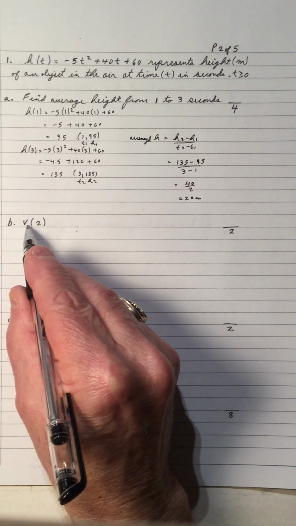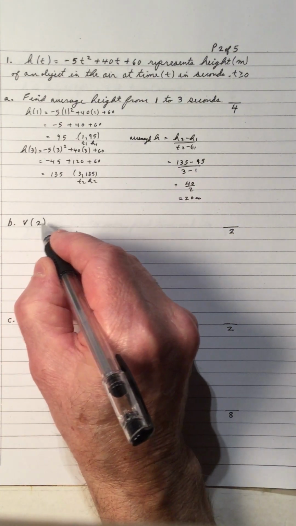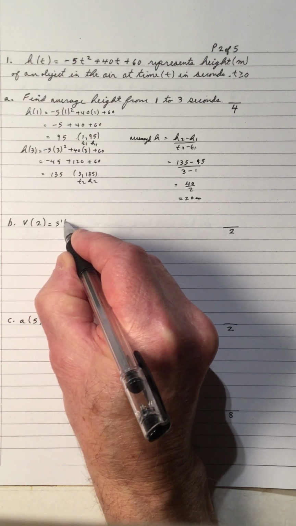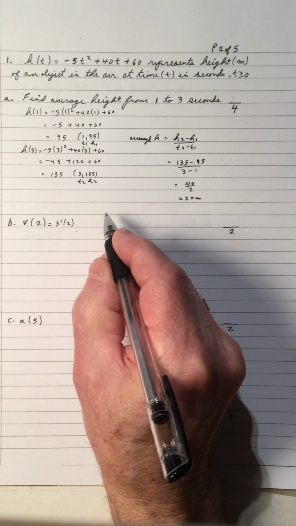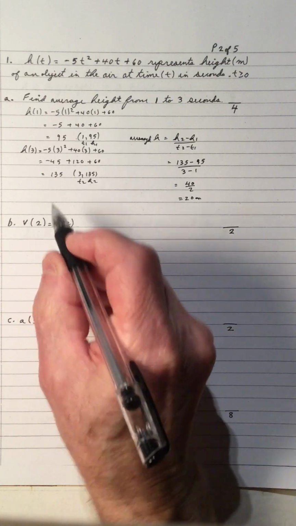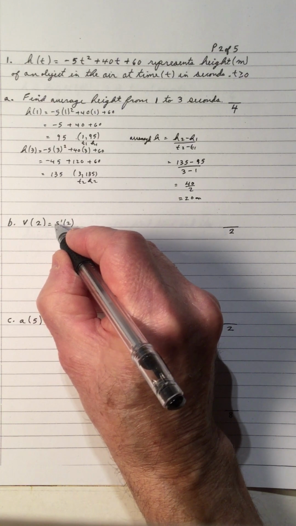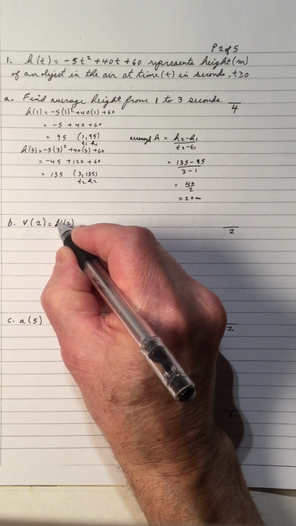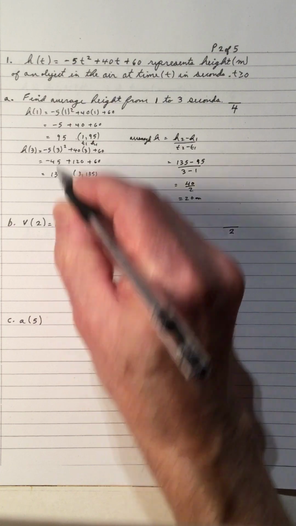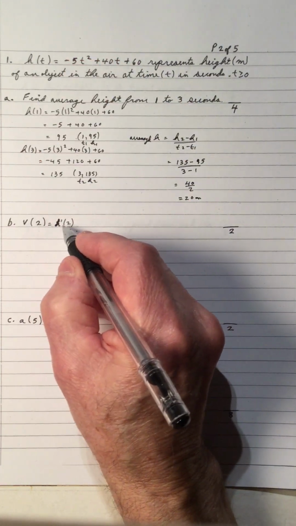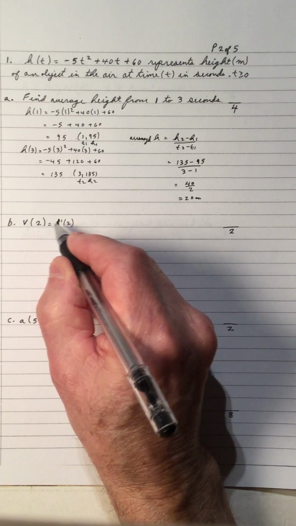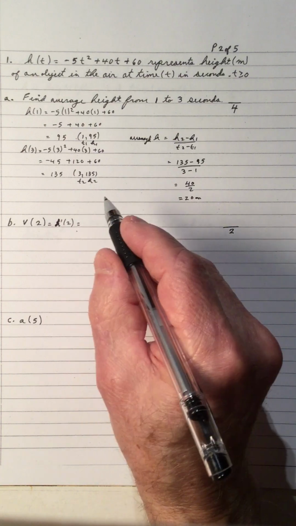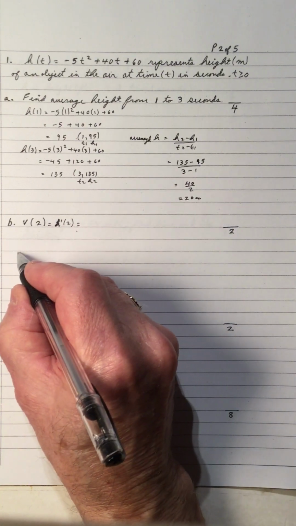Now B, v of 2. V is velocity, so v of 2 is the same as h prime of 2, because the derivative of the position curve of height, h of t, is the velocity. So we have to figure out the derivative.